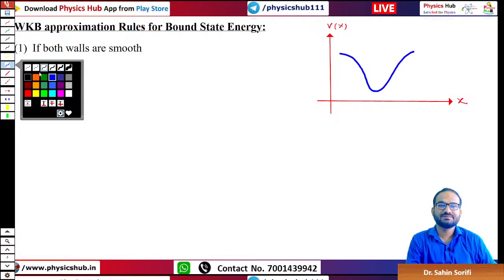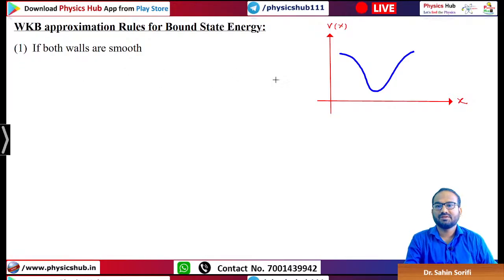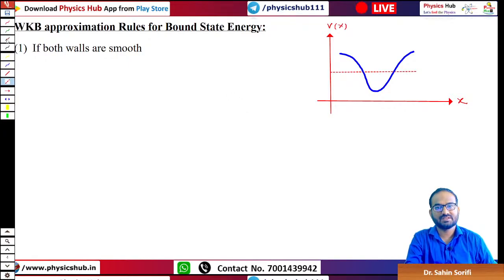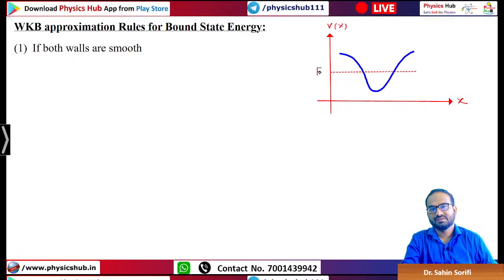For this case, let's say the energy of the particle is E. So obviously it is cutting at this point and this point. This point is x1, this point is x2.